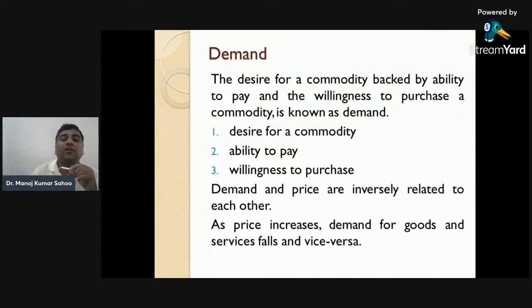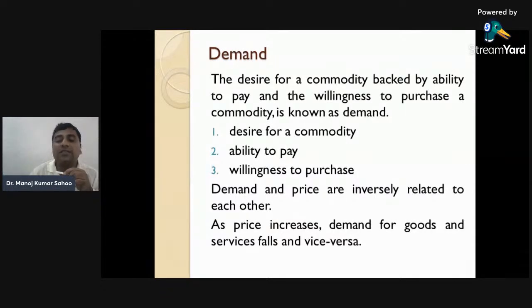He always thinks that somebody will purchase for him and he will get the benefit. So to be called a demand in economics, three things must be fulfilled: desire for a commodity, ability to pay, and the willingness to purchase that commodity is known as demand in economics.